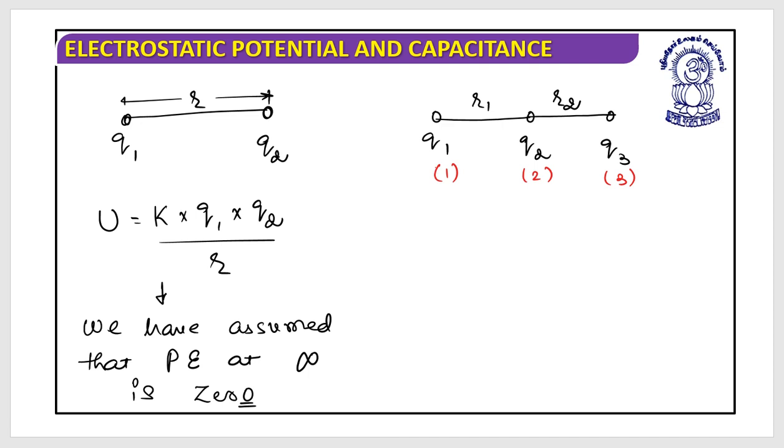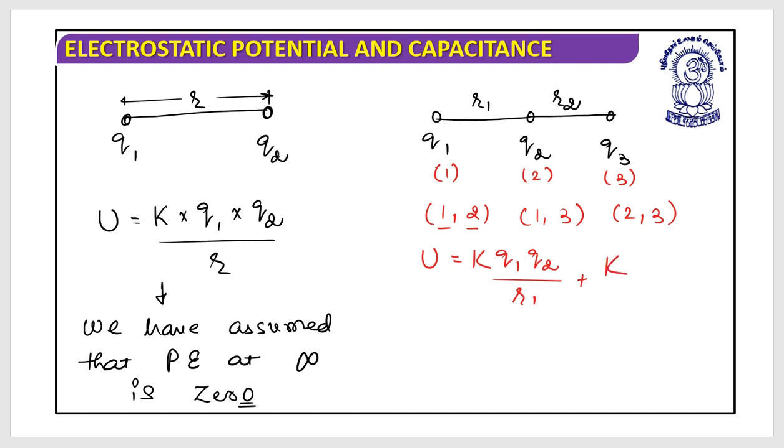The pairs are 1 comma 2, 1 comma 3, and 2 comma 3. So the total potential energy of the system is k q1 q2 divided by r1, plus k q1 q3 divided by r1 plus r2, plus k q2 q3 divided by r2.